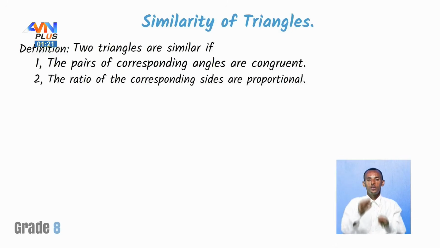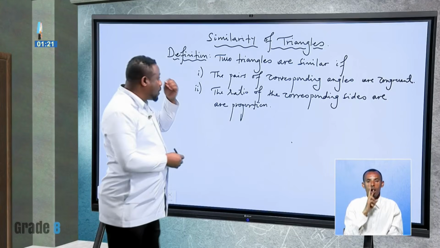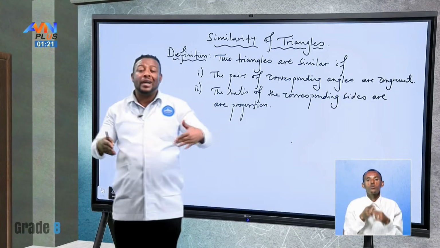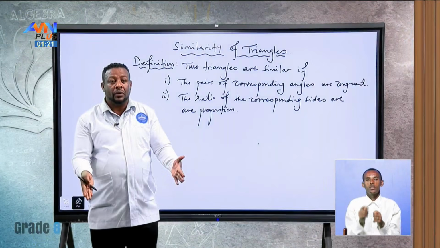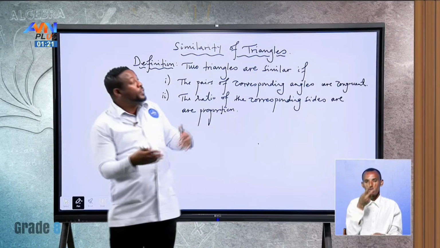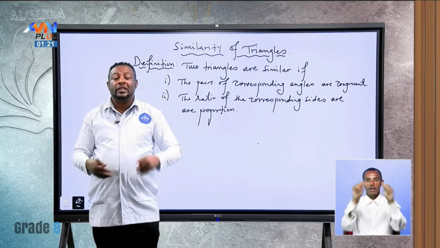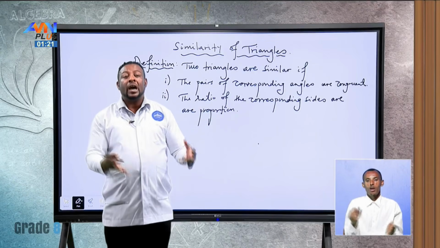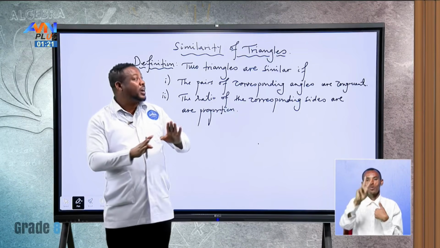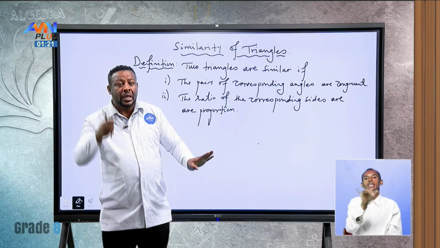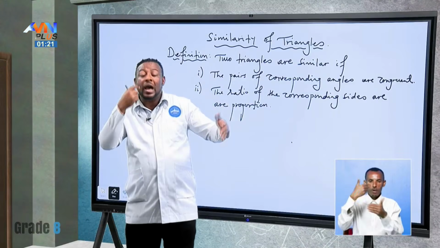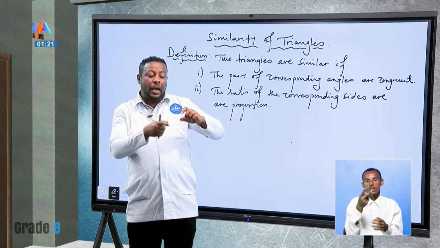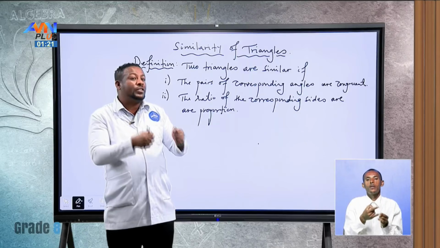So these two are the conditions to say that two triangles are similar. Okay, if you see the definition of similarity of triangles and similarity of a polygon are similar, in both cases we have two conditions which are similar, right? So in our next discussion we will have a short and precise method of checking similarity.